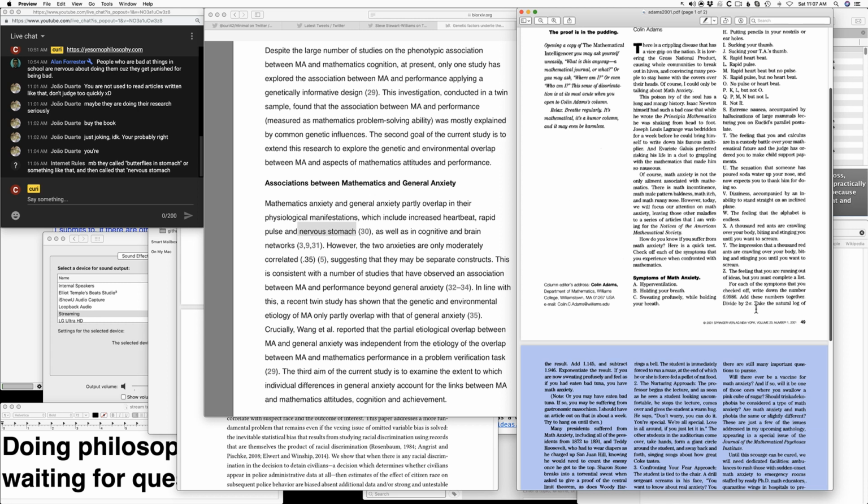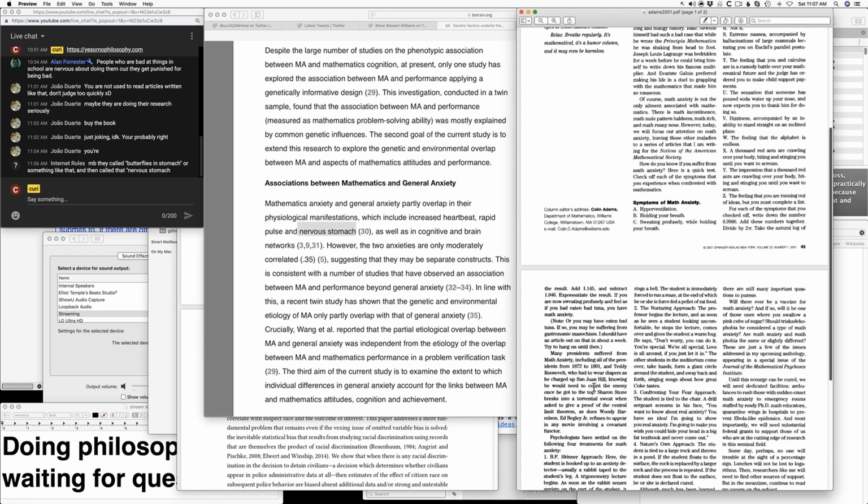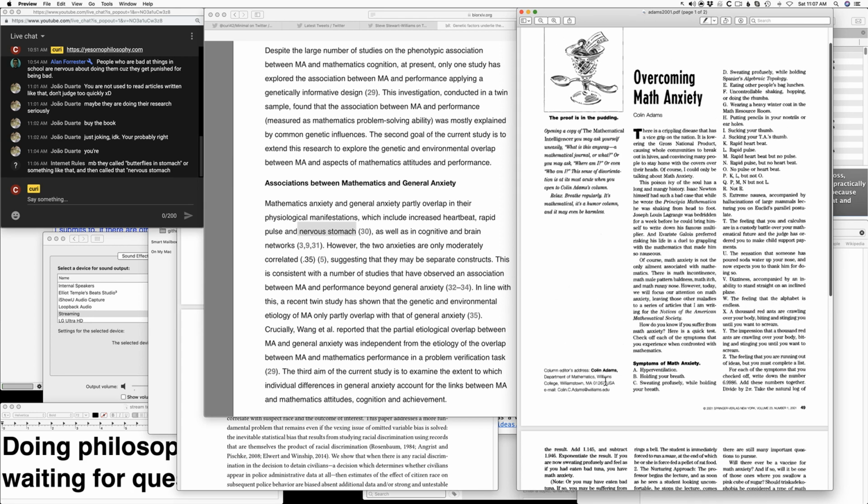Add these numbers together, divide by 2 pi, take the natural log of the result, add 1.145 and subtract 1.946, exponentiate the result. If you're now sweating profusely and feel as if you had eaten bad tuna, you have math anxiety. Yeah, this is a joke. This is literally a joke paper. It is not a conversational research paper. It is a joke on purpose.